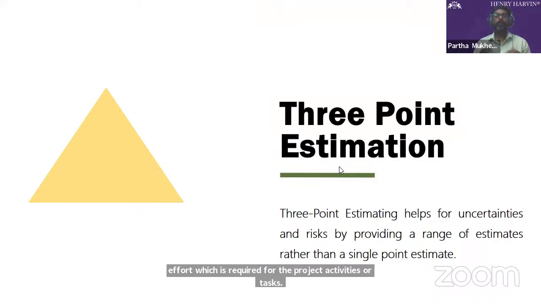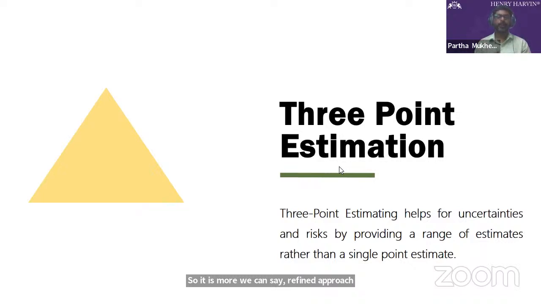It is a more refined approach than the traditional single-point estimations we have just seen while understanding the estimation techniques. It takes all the necessary information into account, and it focuses on the risk associated with the project work.